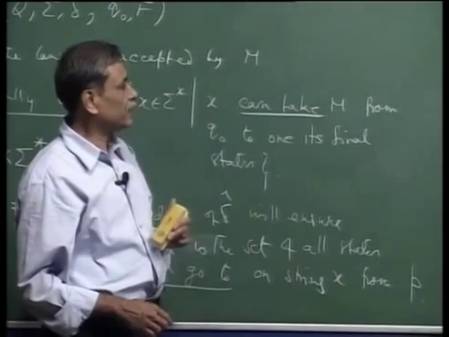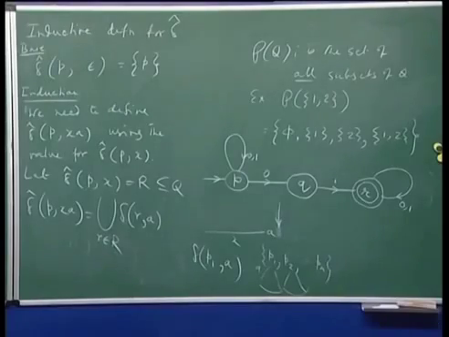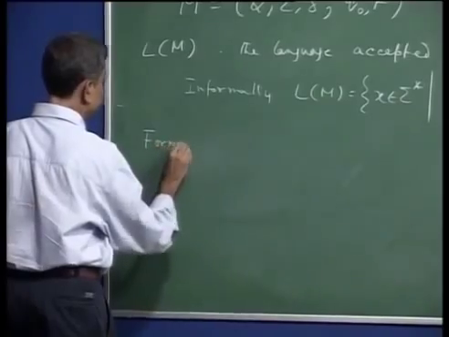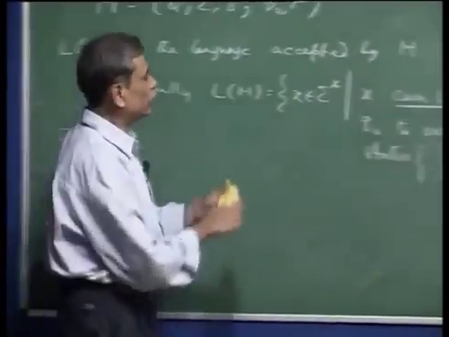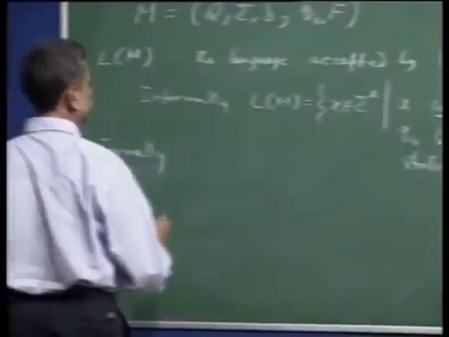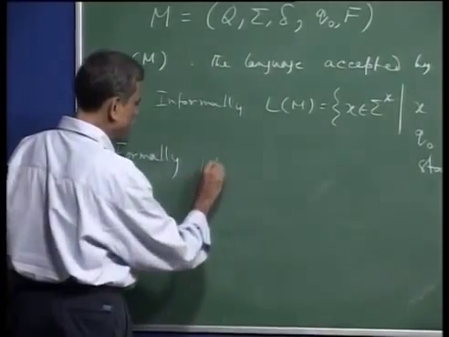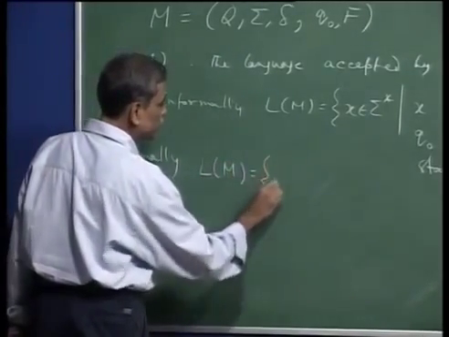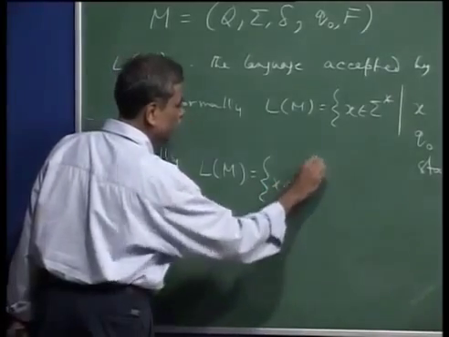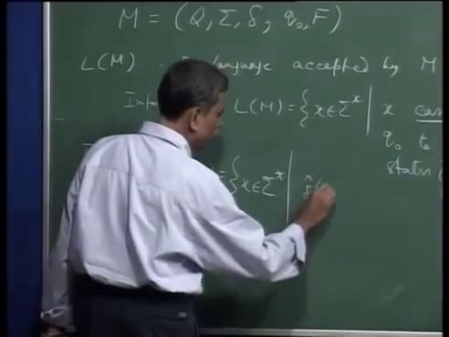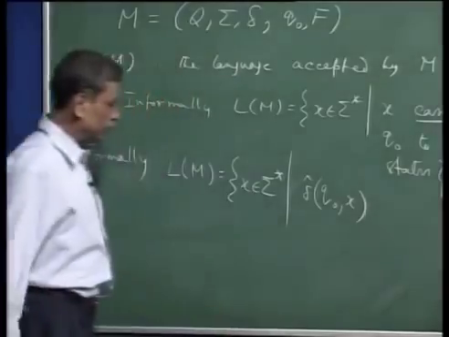And in terms of delta hat, we can now formally define the language accepted by the machine M. This was the informal definition, and formally, now that we have all this machinery, we don't need to write English sentences or any natural language sentences to explain what the language accepted is. L(M) is the set of all strings x in sigma star such that delta hat of Q0 x, what is this?